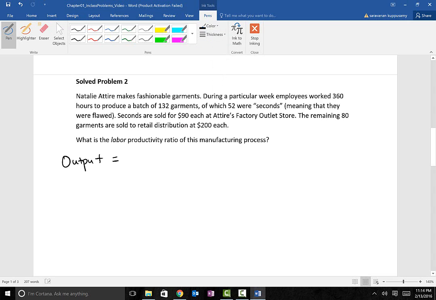They are manufacturing a batch of 132 garments, of which 52 were of low quality and 80 were of high quality. So these 80 garments can be sold at $200 per piece.